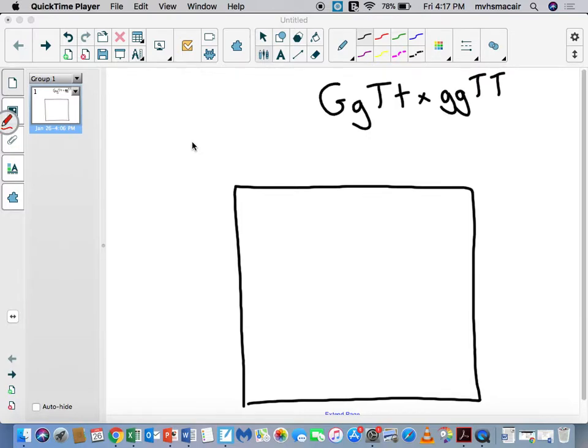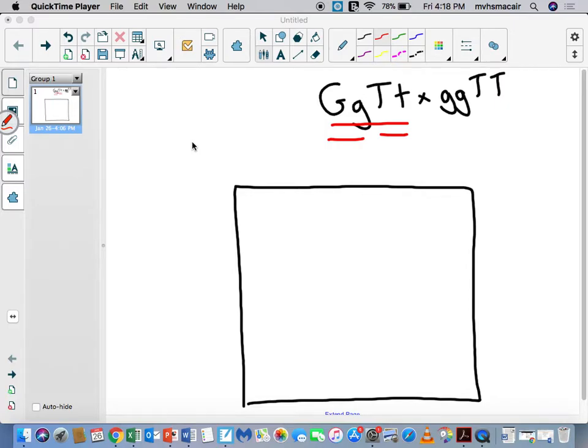When we look at the first parent, every time there is a reproduction, we have to pass on one allele, which is a letter, one allele for skin color, and one allele for spotting. So we always have to pass one G and one T over. You can't pass two G's or two T's. You have to have one or the other.